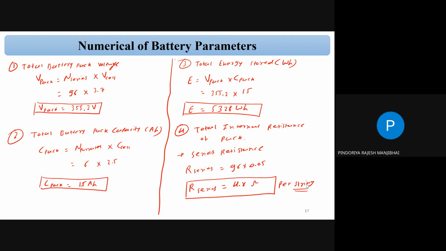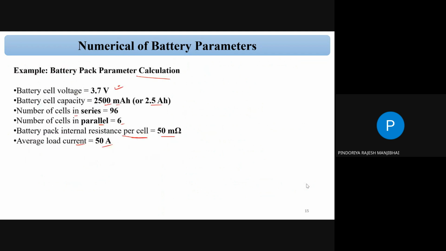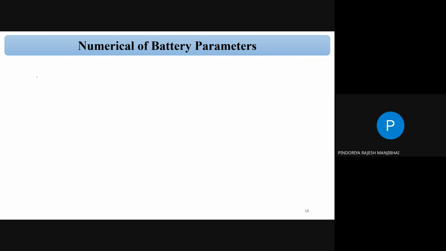And for the 6 strings in parallel, because the parallel connection is 6, we can say R total equals 4.8 divided by 6.